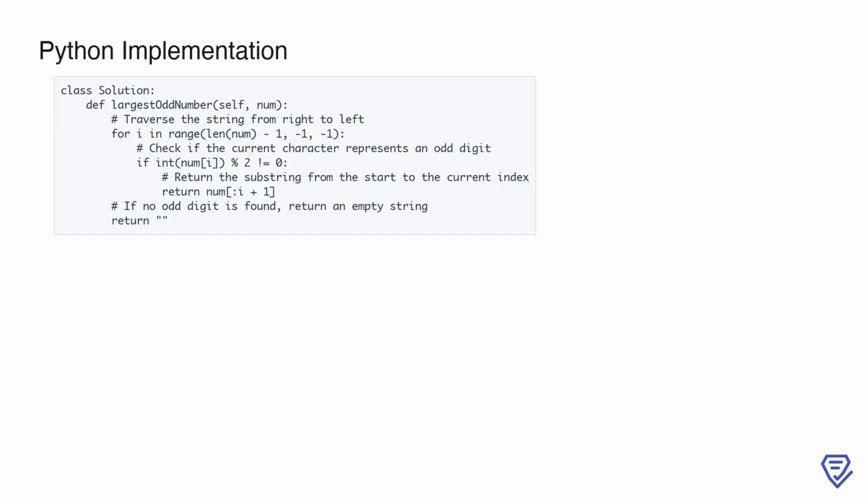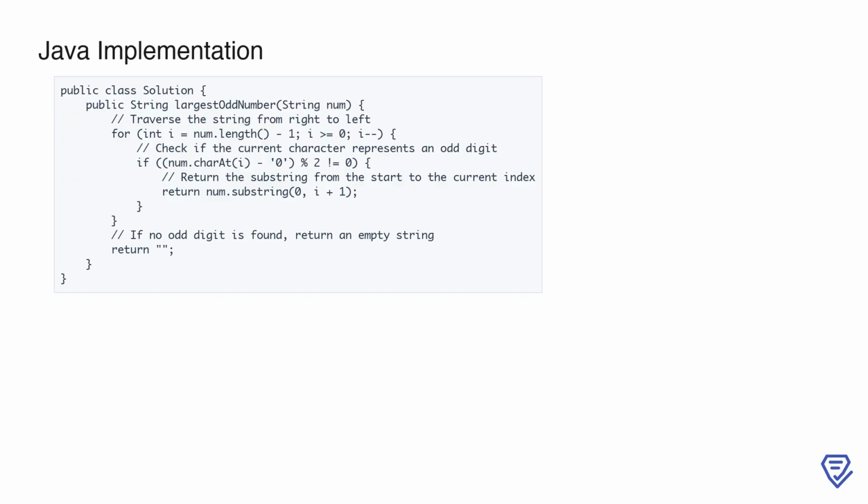The time complexity of this solution is O(n), where n is the length of the input string number, as we traverse the string once. The space complexity is O(1), as no additional data structures are used. This makes the solution efficient and well-suited for large input sizes. This is the Java implementation of LeetCode problem number 1903, largest odd number in string.